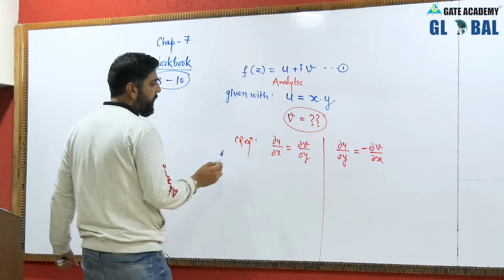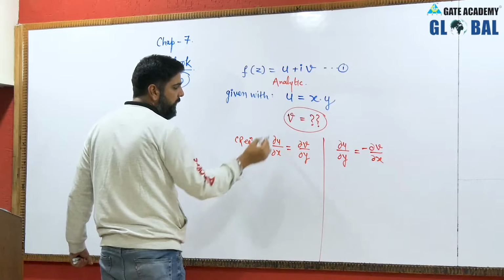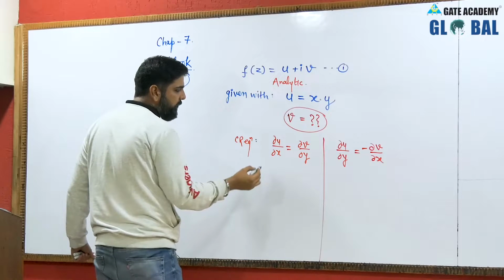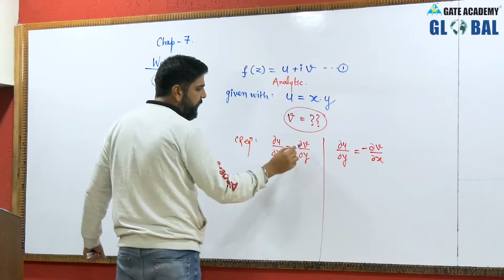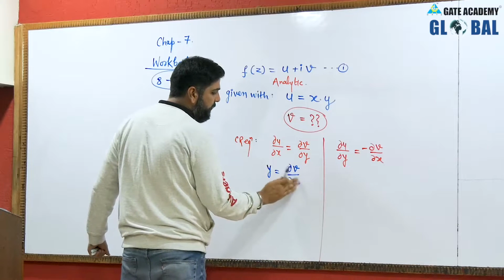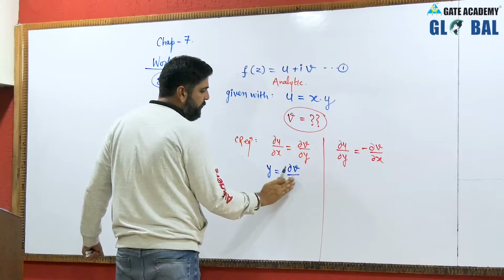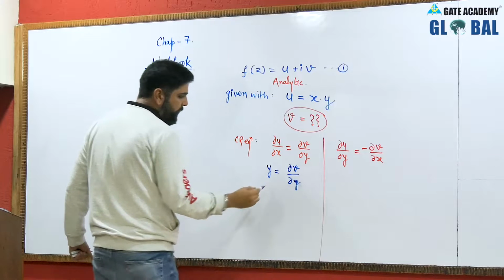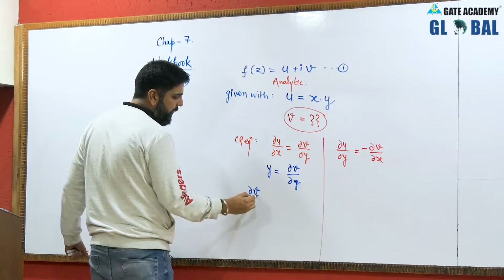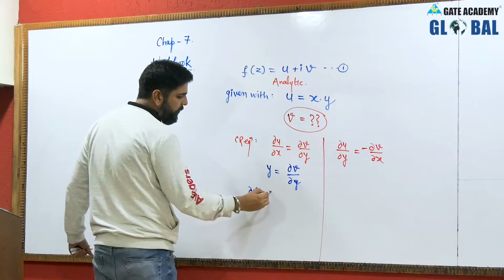Del u by del x is nothing but y, so y equals del v by del y. So del v by del y is equal to y.